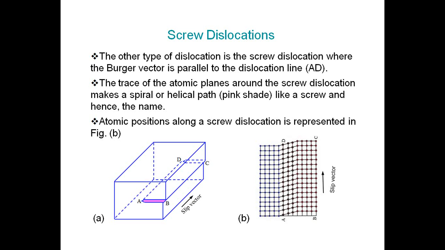Suppose the upper portion is shifted towards the left with respect to the lower portion, then the defect is represented with the anti-clockwise direction. That defect can be imagined as produced by cutting the crystal structure partly with a knife, and subsequently shearing a part of the crystal along the plane parallel to the cut.